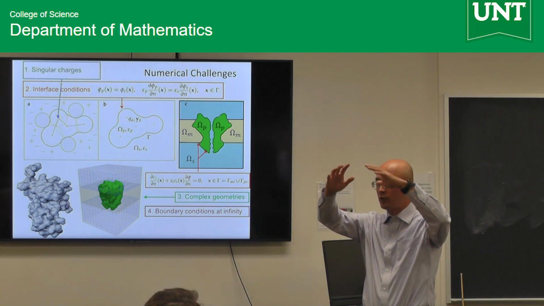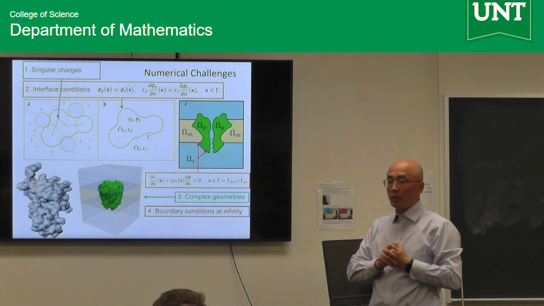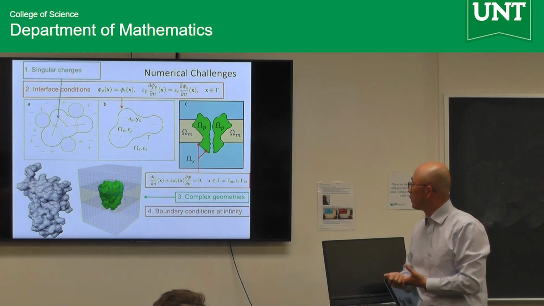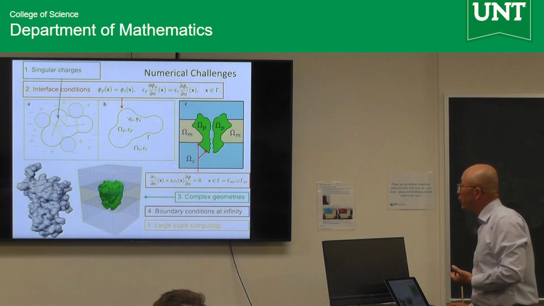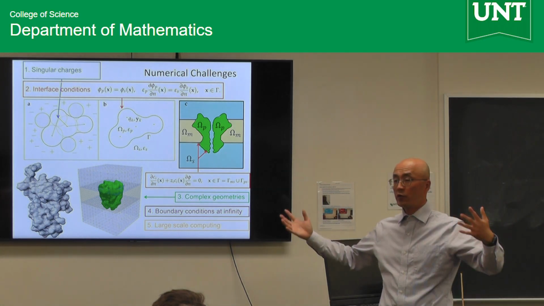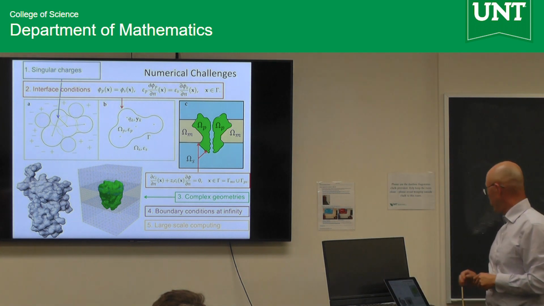The electrostatic potential decays slowly, so you are actually dealing with a domain of infinite size. How do we deal with that? And then eventually large-scale computation, because your protein can be actually huge, with a lot of details. Those are the numerical challenges.